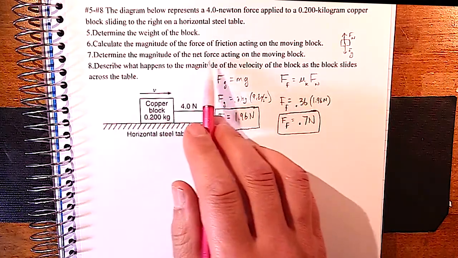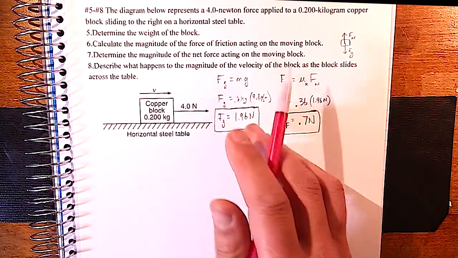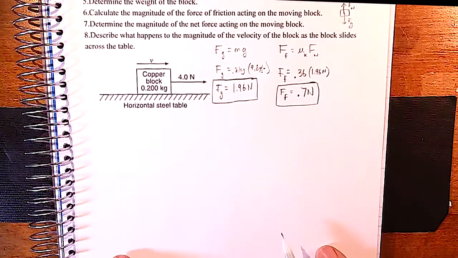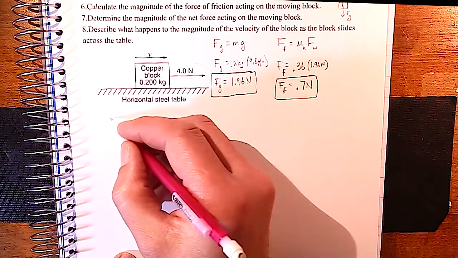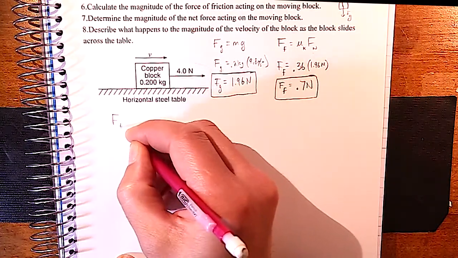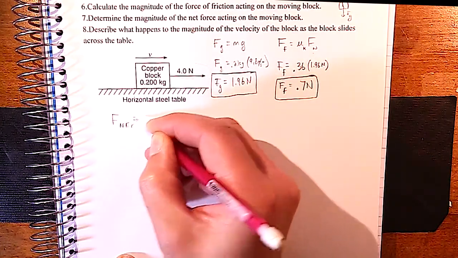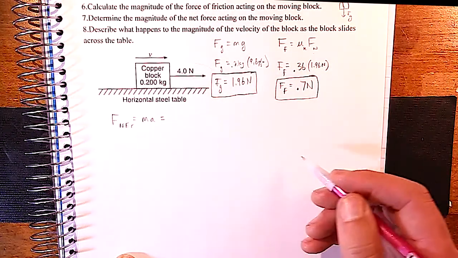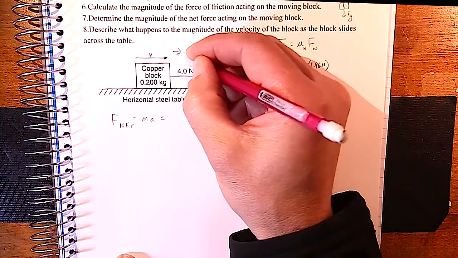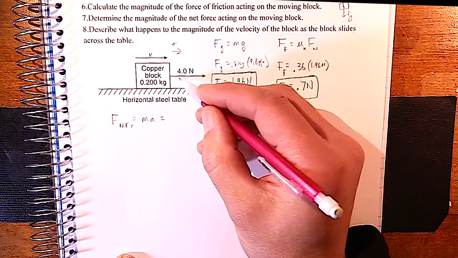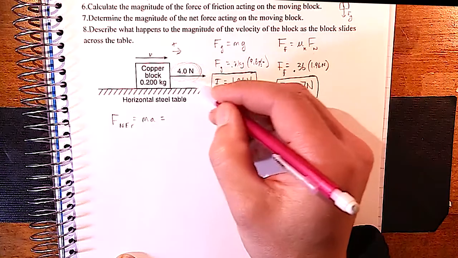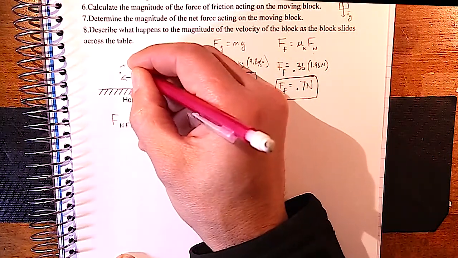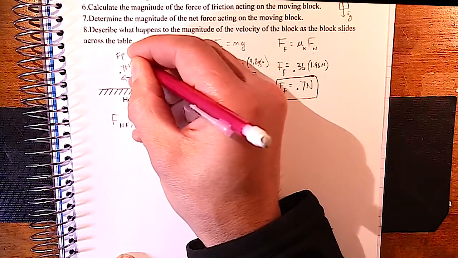Determine the magnitude of the net force acting on the moving block. So to do this, we're going to write a net force equation. F net equals ma equals, and what forces are acting on the block? Well, if we call to the right positive, then we have a force of pull to the right of 4 newtons and a 0.7 Newton force of friction.